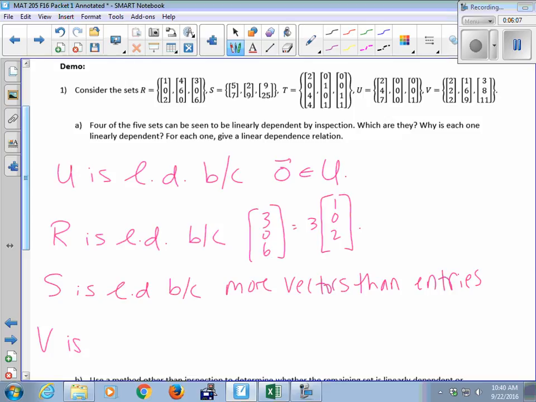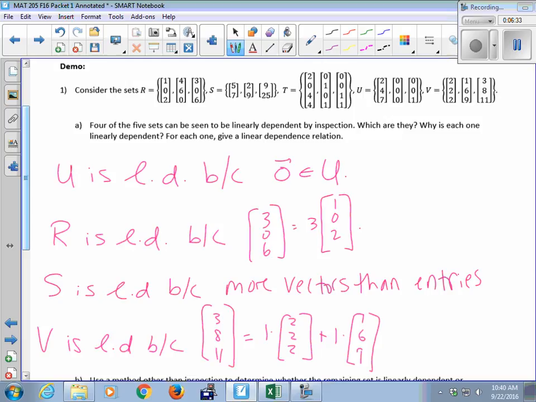So V is linearly dependent because 3811 is 1 times 222 plus 1 times 169. So it's a linear combination of some other vectors in the set. So those are our 3 ways. I say 3 ways because, like Justin just pointed out, this one and this one are really the same.